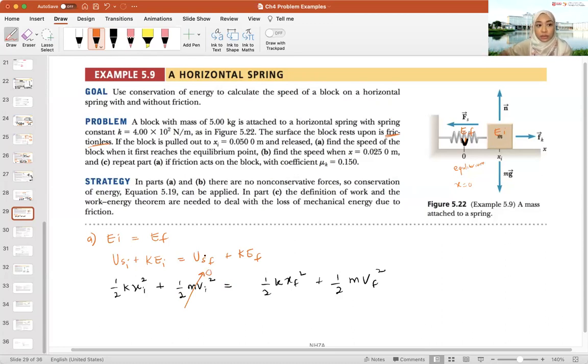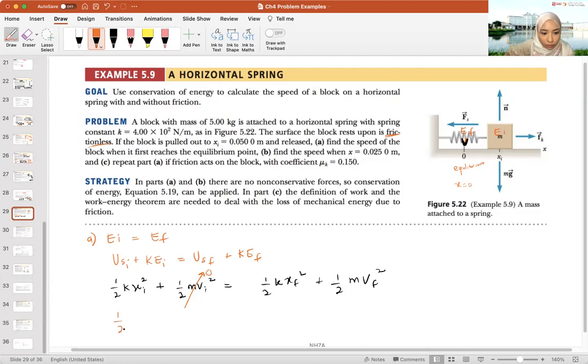Kita baru tarik so kita baru provide that energy and that energy is in the form of 1/2 KX squared. Sama macam diver tu baru nak start tapi dia tak bergerak lagi kan. So his initial state was only MGH and tak ada KE lagi. So KE dia kosong. Sama kat spring juga, baru nak start tapi tak ada KE lagi. So kita hanya ada 1/2 KX squared here.